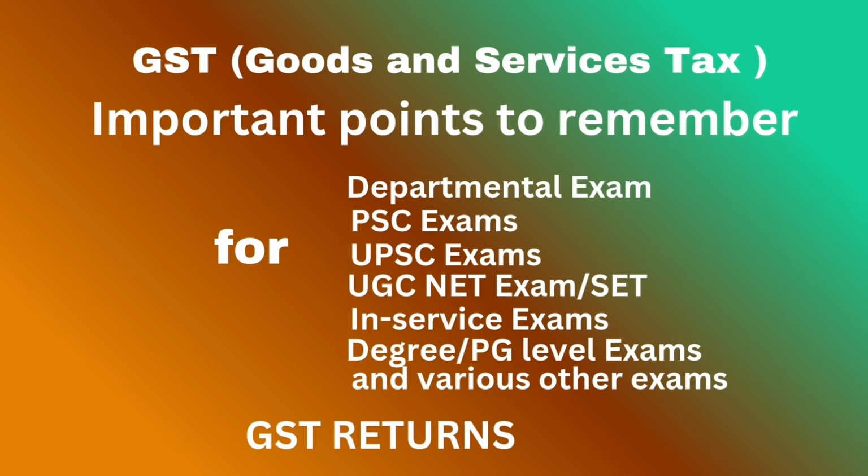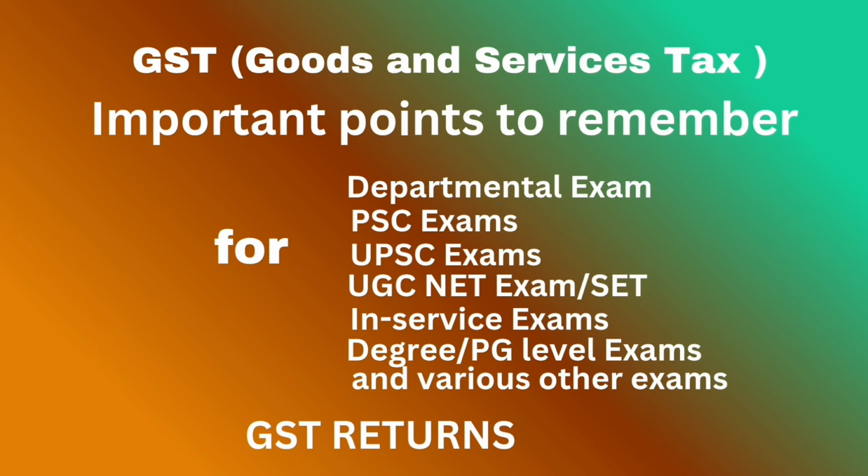Due date for filing GSTR 5: within 13 days after the end of the calendar month, or within 7 days after the last date of validity period of the registration, whichever is earlier. A non-resident taxable person is not required to file an annual return.